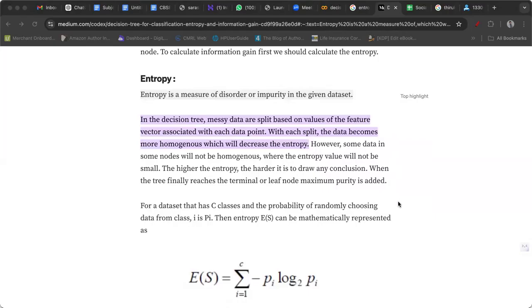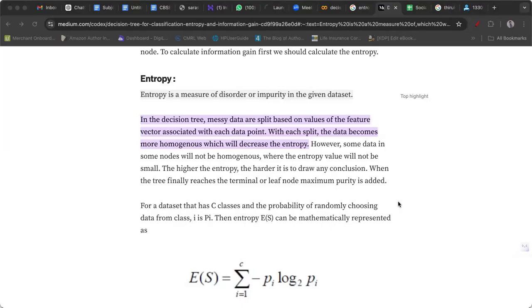When the tree finally reaches the terminal or leaf node, the maximum purity is attained. The maximum purity, at the time of the regression model, is a maximum of 3 or 4 tree nodes, the limitations. If it is going beyond that, it is not going to be under a decision tree.